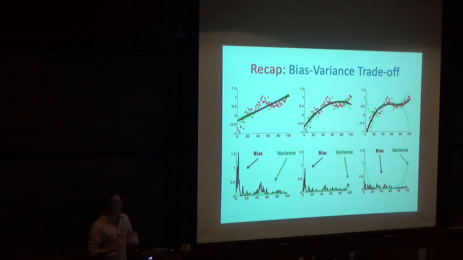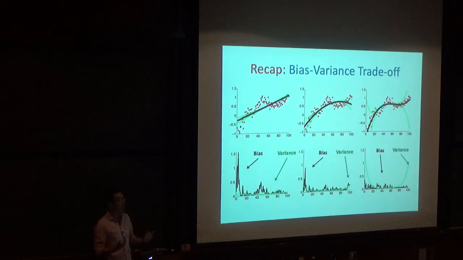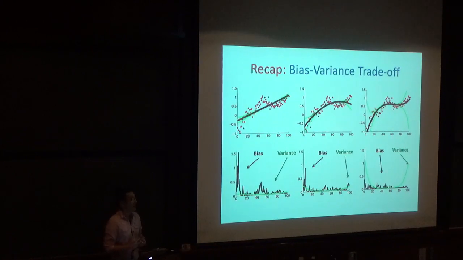Variance happens when your function class is too complicated, at least relative to the amount of training data you have. If we were to draw an arbitrary sample of that size from the test set and train on that, we would get wildly differing predictions. That happens when your function class is high variance. And so for any finite training set, we need to understand how to balance the bias variance trade-off in order to train a model that has the best performance on the unseen test data.